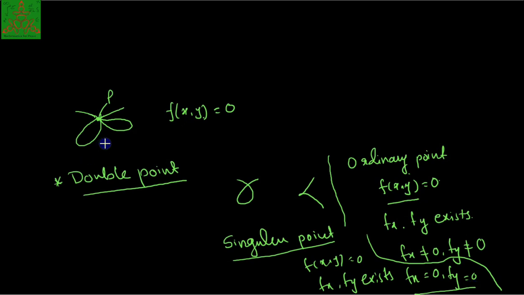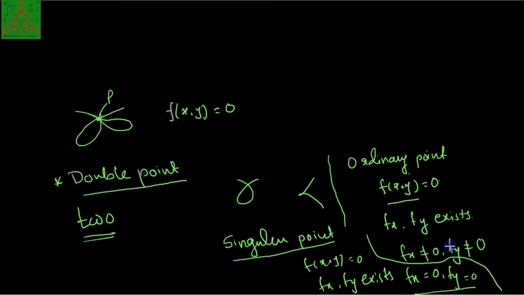So we have concluded a few definitions here. Let us revise. The first one is a multiple point: the point where more than one branch of the curve passes through is called a multiple point. A double point is where two branches of the curve pass through the point. The ordinary point means f of xy is a continuous function, fx and fy exist, and simultaneously fx is not equal to 0 and fy is not equal to 0.